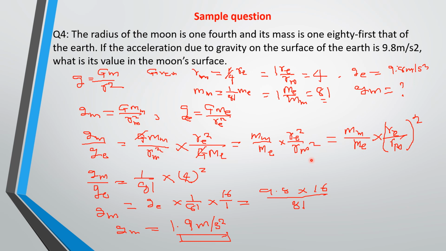It's basically simple. It's just for you to know these particular equations. Once you understand this, it's just some simple mathematical manipulations and then your answer comes out readily. From this question you see that the acceleration due to gravity on the moon is actually less than that of the Earth: 9.8 to 1.9. The difference is clear.